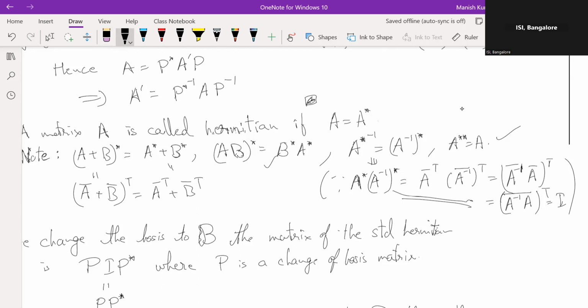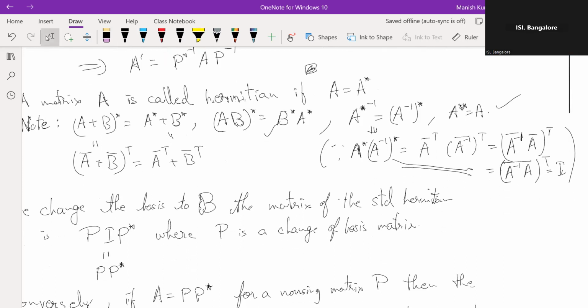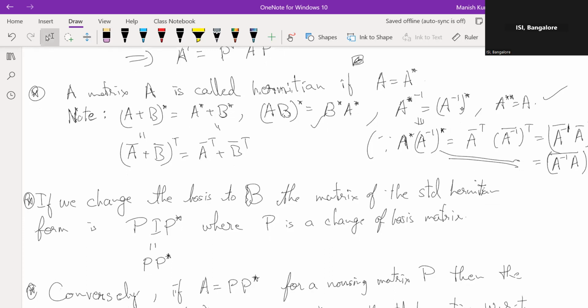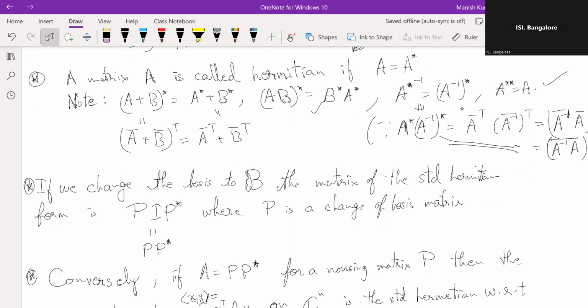So there are some basic properties of Hermitian forms, and that is also done. Now remember we also proved something like this.